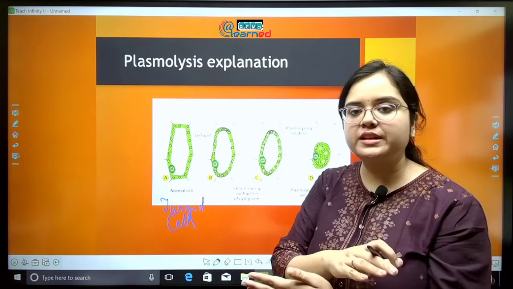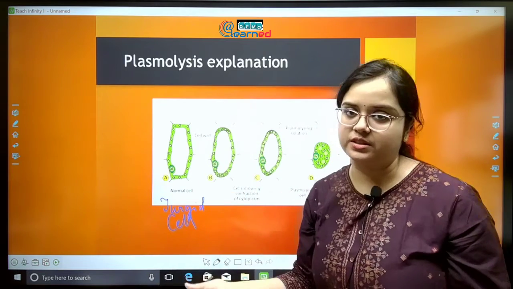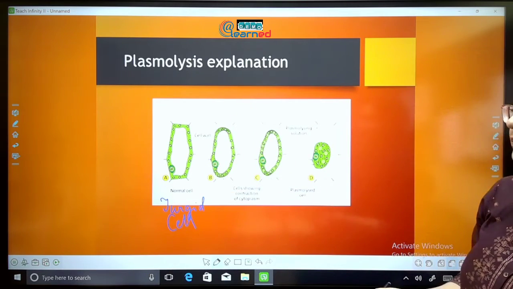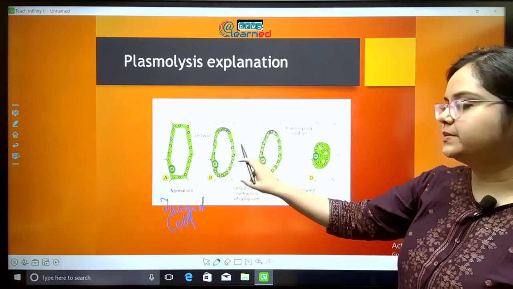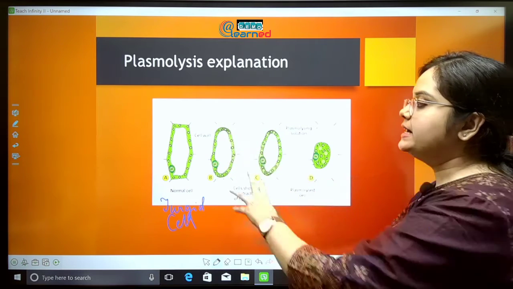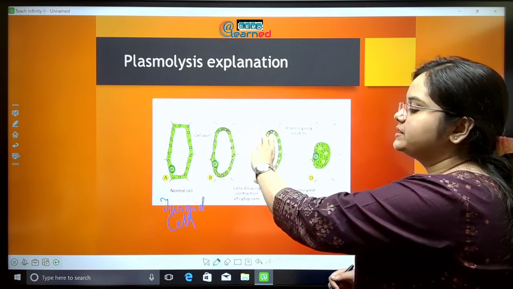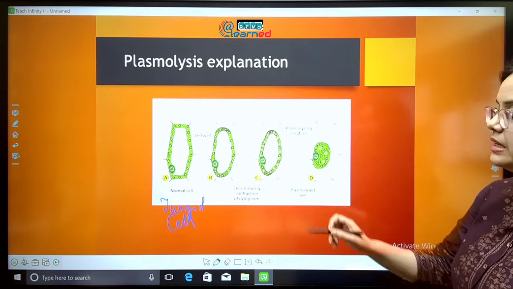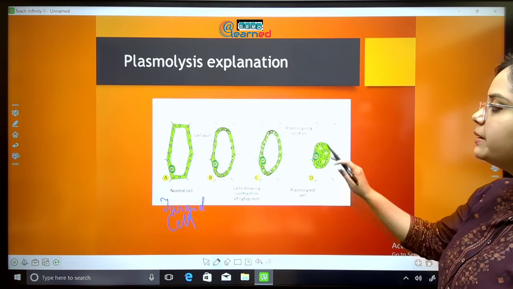So osmosis will happen from the cell to the medium, that is exosmosis. The cell will gradually show contraction of the cytoplasm. The cytoplasm, or protoplasm, is getting constricted away from the cell wall, and finally it becomes a plasmolysed cell.